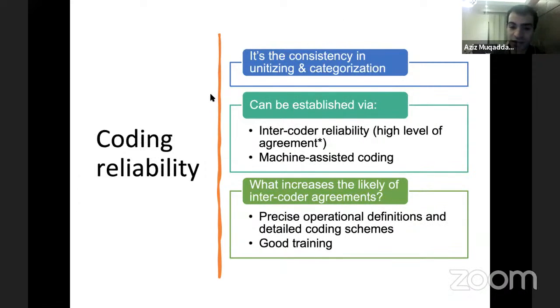This can be established via intercoder reliability, which is a high level of agreement between more than one coder, so two, preferably even more than two. You can have 7 coders, so if they agree, it's fine. You can have machine assisted coding, specifically if you're not looking for deep meanings.